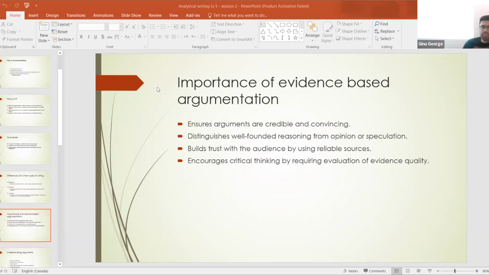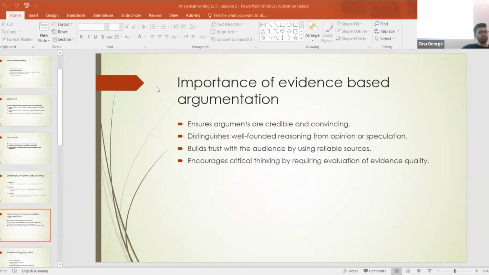Because both kinds of writing involve argumentation, it's important to understand why argumentation is important, and specifically evidence-based argumentation. Why would this be of value to us?